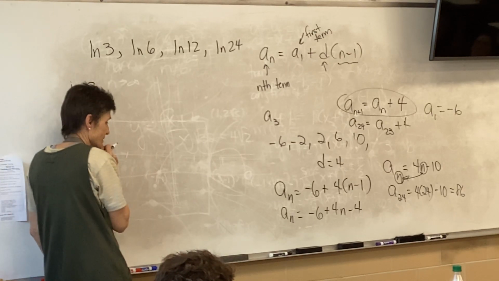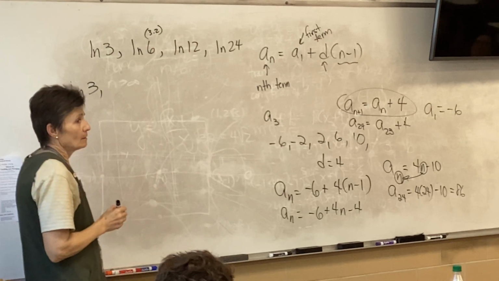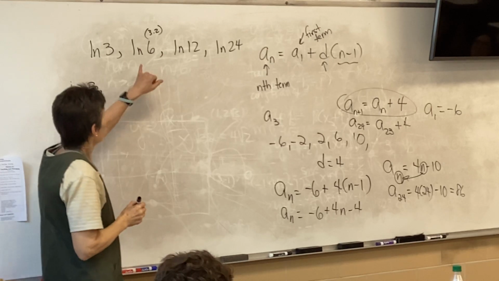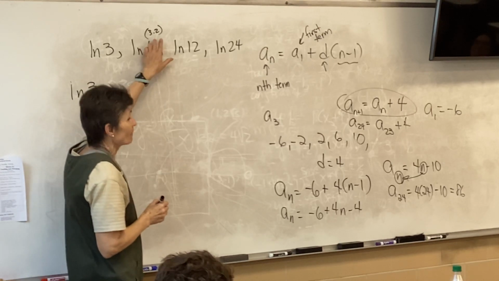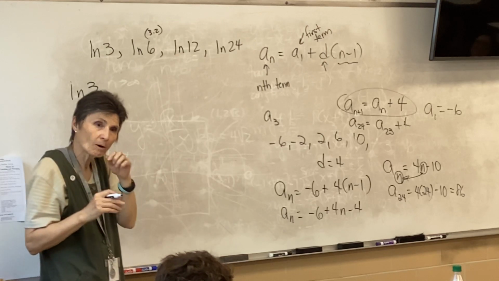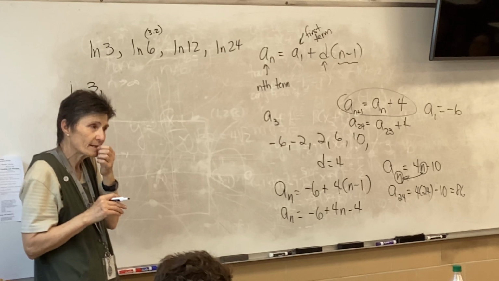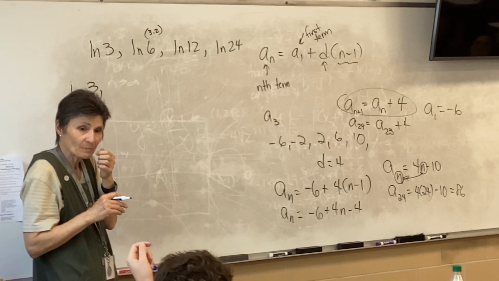What's 6? 6 is 3 times 2. When I have the logarithm of a product, I can pull that apart. And when I pull it apart, what does it become? Hey, remember our properties of ln?